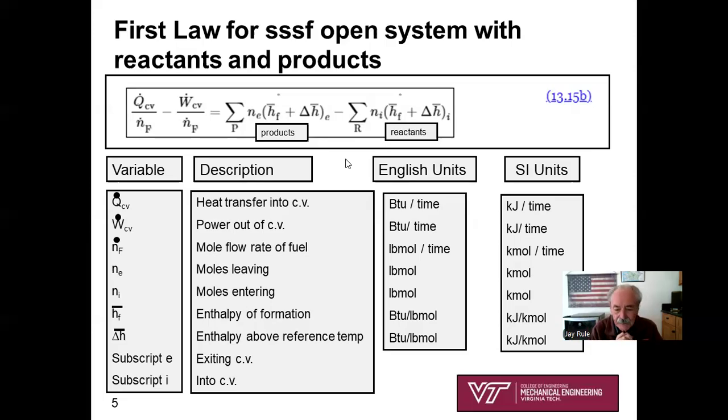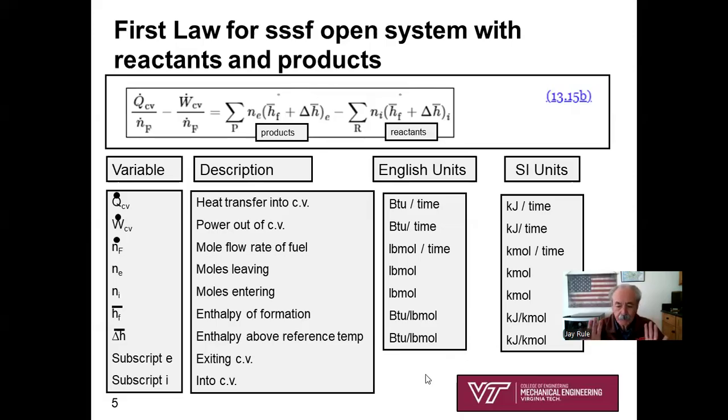But what I'd just like you to see here is how the form of the first law is very similar to what you've already worked with for weeks and weeks and weeks. Left-hand side, Q dot in minus W dot out, all divided by flow rates, equals the sum of moles leaving times some enthalpy terms, more of that later, minus the sum of what's coming in, the reactants, times enthalpy, H, terms.